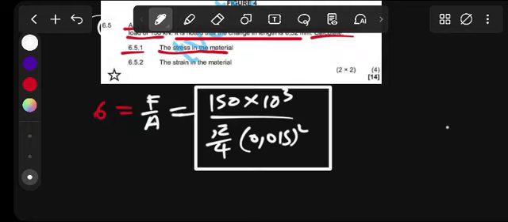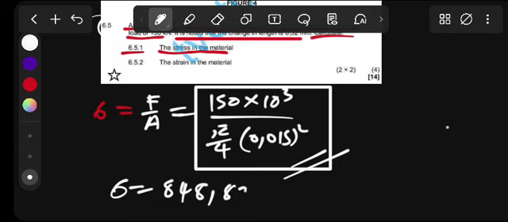Simply punch this in: 150 times 10 to the power of 3 divided by pi over 4 times 0.015 squared. This will be 848.826 megapascal.